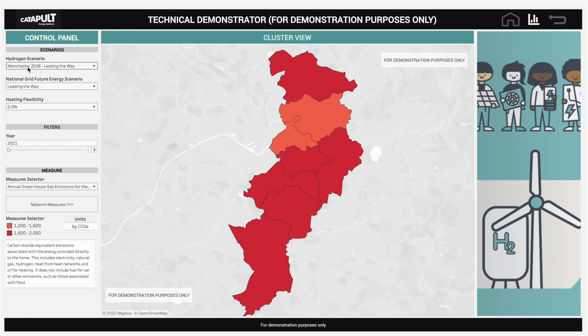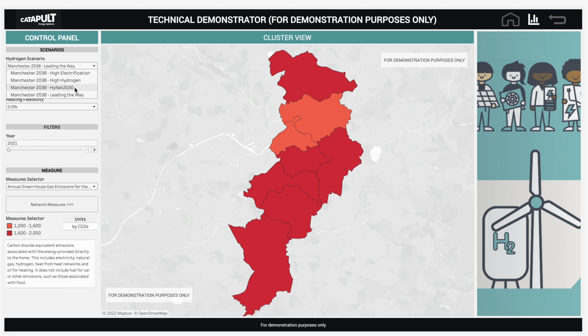So just a few quick words on the scenarios. With the hydrogen scenario, it's all about hydrogen uptake as an alternative to gas. So we've got high hydrogen, we've got high electrification, where the focus is more on electrification, obviously, through things like heat pumps.